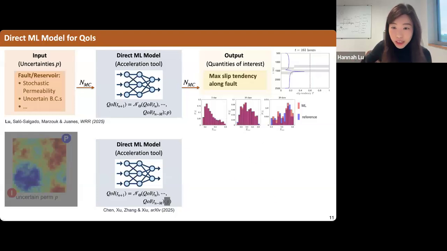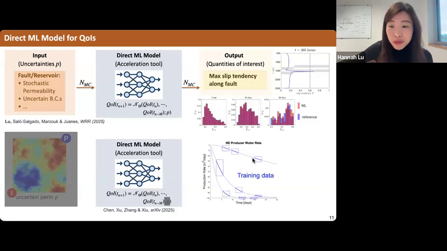All we need in the training is to collect chunks of input and output pairs of data from the trajectory of production rate as training data, and we need no knowledge about the underlying uncertain permeability.